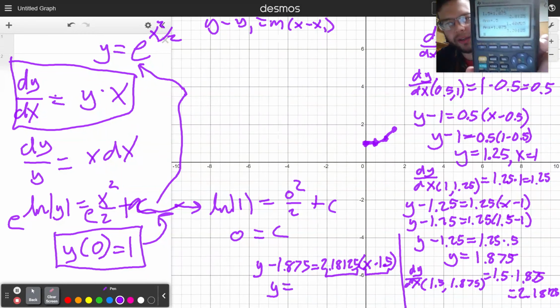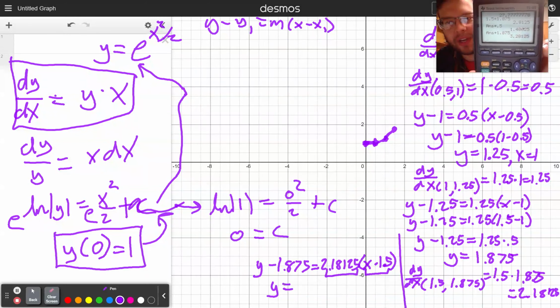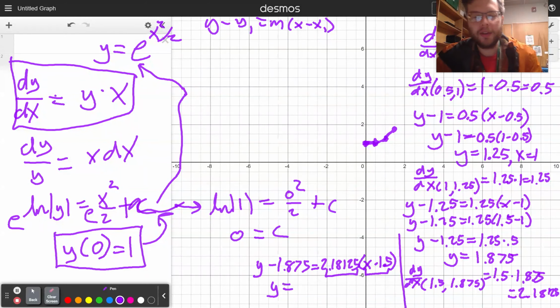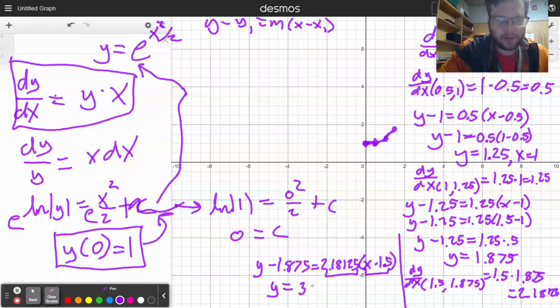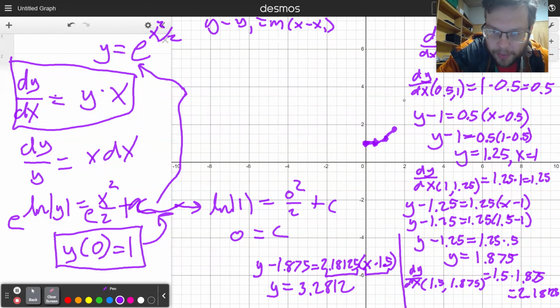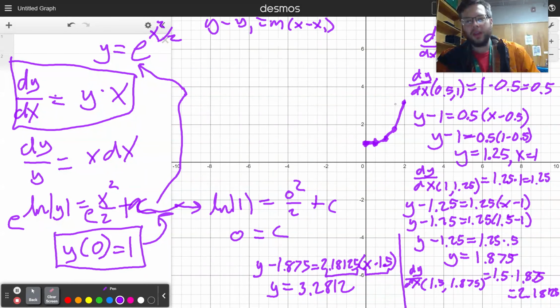You can see what I did on the calculator there. I did times 0.5, then added 1.875, and I get y equals 3.28125. So I know I'm going to hit right about, let's see, this is 3, this is 3.5, so right about there. So that's my last tangent line right there. So it predicts that when x equals 2, the y value is 3.2812.